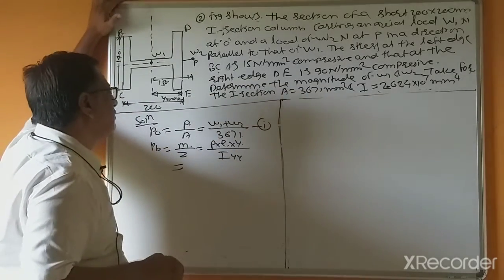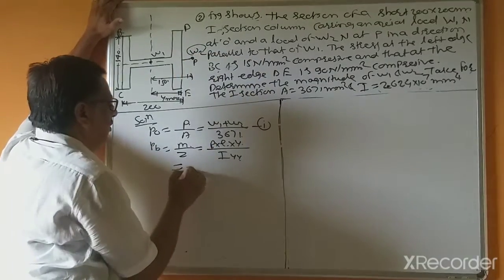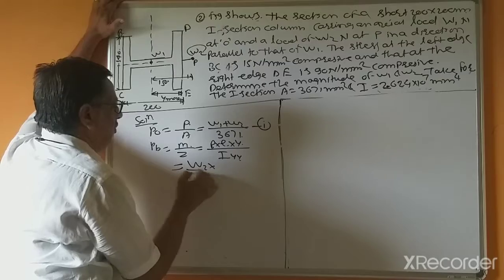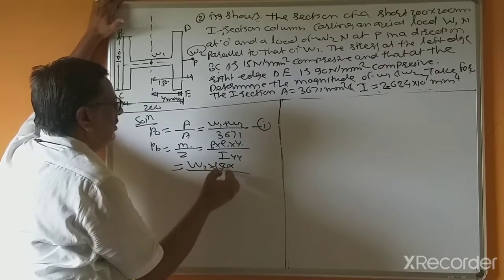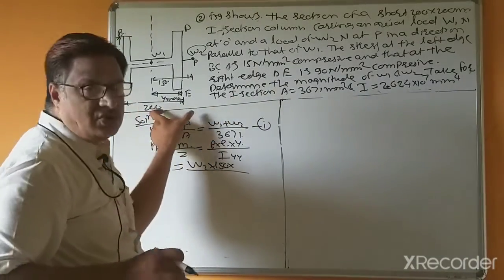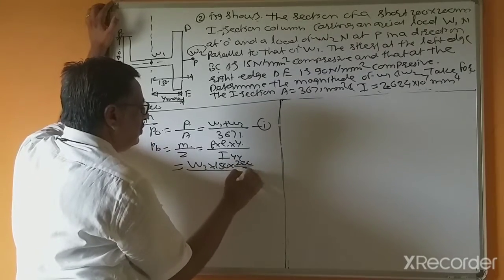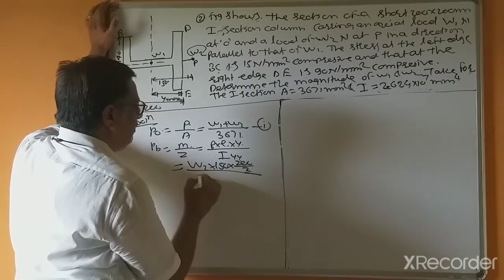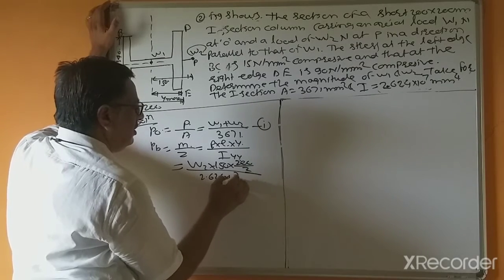Load equal to W2, eccentricity 150, and this distance Y max equal to 200 divided by 2, because this is 200. Moment of inertia directly given 2.624 10 to the power 7.